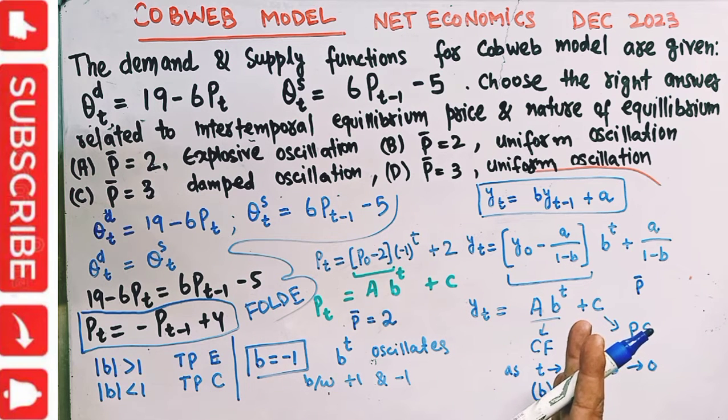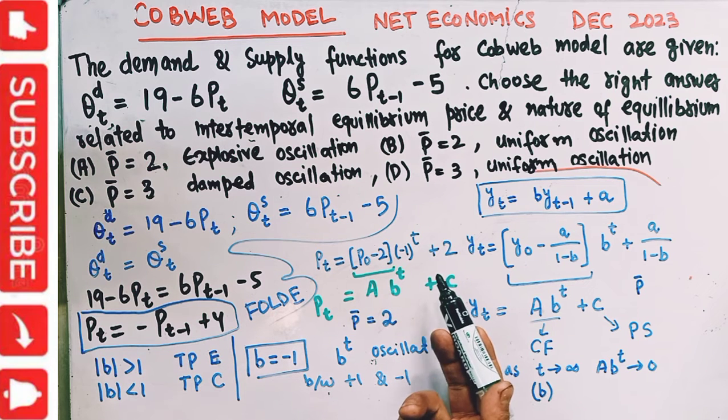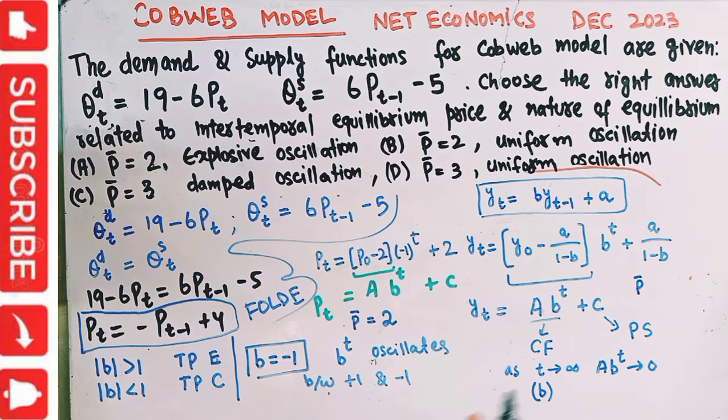There are different types of oscillations, whether explosive oscillation, dampened oscillation or uniform oscillation, all depends upon the value of b. If b is equal to -1, which is the case here, our time path will oscillate between +1 and -1.